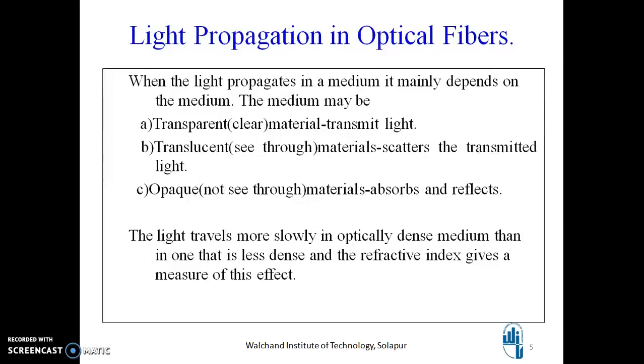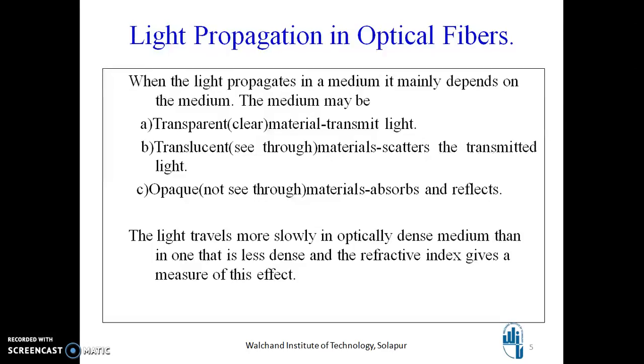Basically, the light propagation in optical fibers depends upon the type of material that is used. The type of material or medium may be of different types. First, it may be transparent, that is, clear material. If the material is clear, it is going to transmit the light, whereas if the material is translucent, that is, if we can see through the material, it scatters the light.